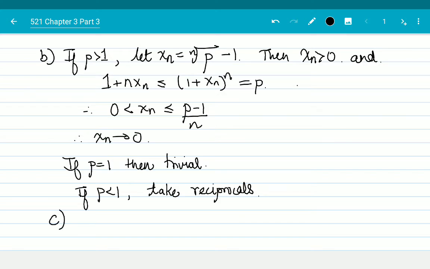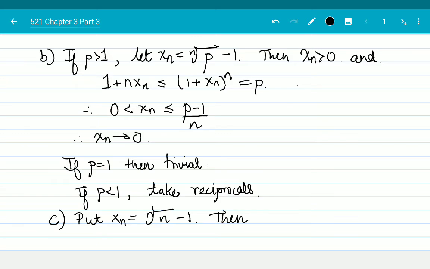See? We want to show that the nth root of n goes to 1. So put xn equal to the nth root of n minus 1.